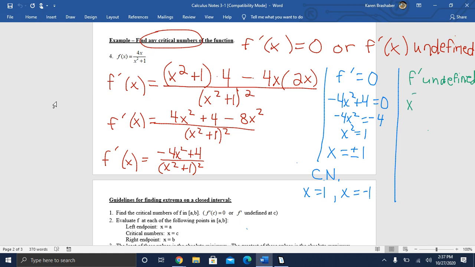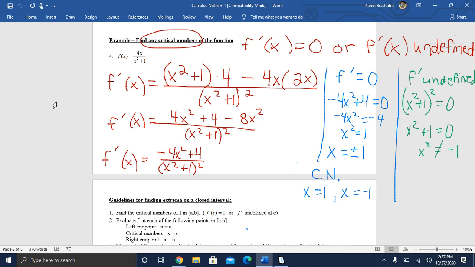Our denominator is x squared plus 1 squared. We can take the square root of both sides and get x squared plus 1 equaling 0. Subtracting 1, we get x squared equals negative 1, which in the real number system cannot happen. So from that perspective, we do not have any additional critical numbers.